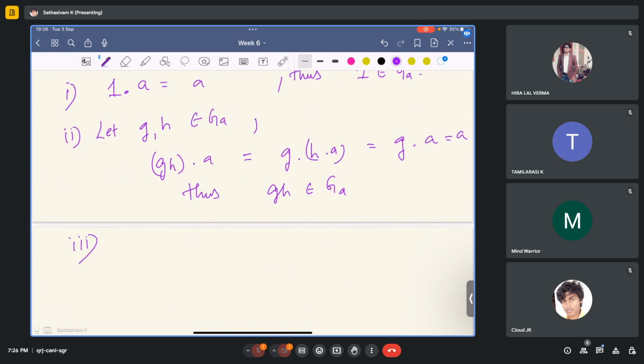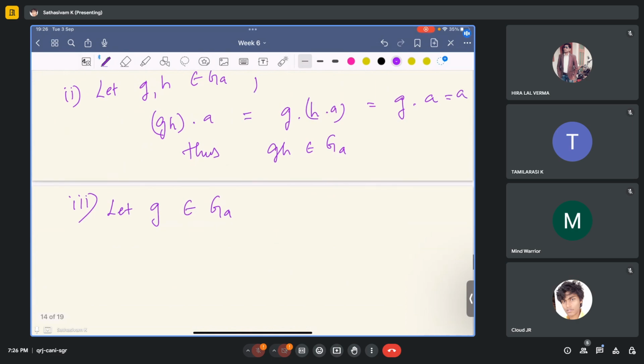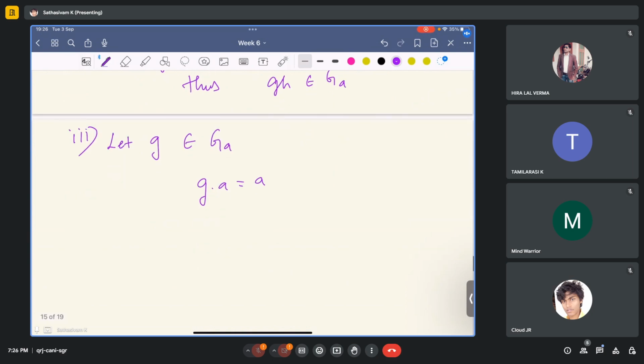So anyway, these are all very easy. The same thing we want to prove. Let again g belong to G_A. So we want to say g inverse belongs to G_A. What does it mean that g belongs to G_A? g·a is equal to a. That's what it says, right? This implies, suppose I multiply both sides by g inverse: g inverse·(g·a) is g inverse·a.